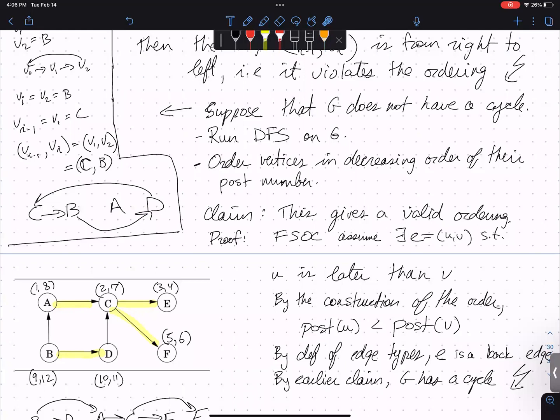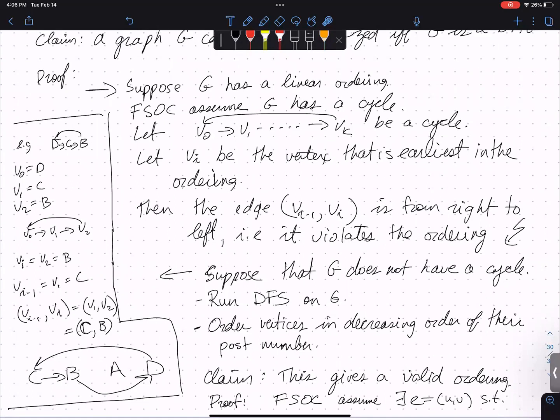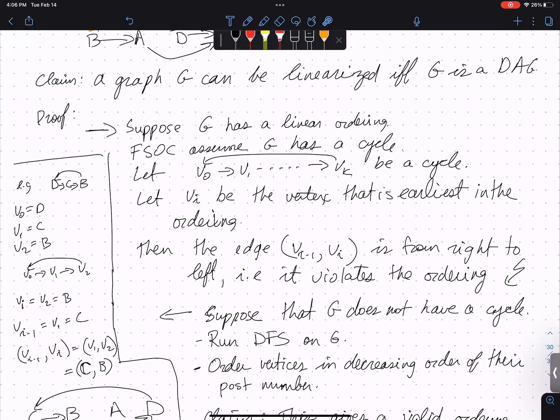So let me go through this argument again. We're trying to prove that if G does not have a cycle, if it is a DAG, then it can be linearized. So to do that, we actually give an algorithm to create an ordering. The algorithm runs DFS on G, and then looks at the post numbers and orders vertices in decreasing order of post numbers.